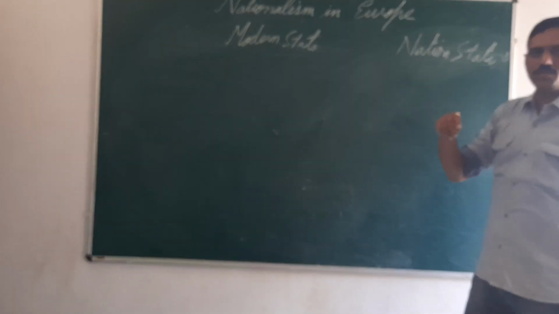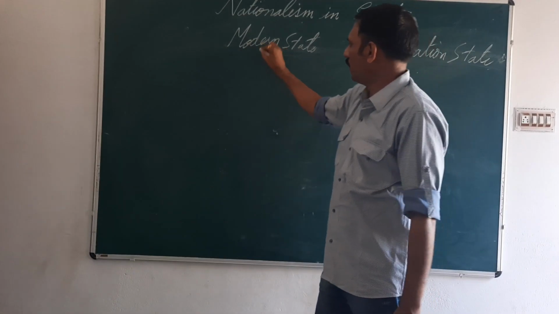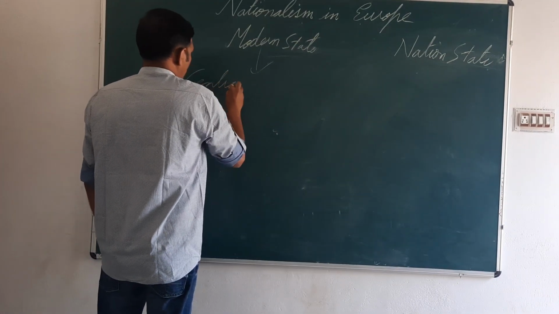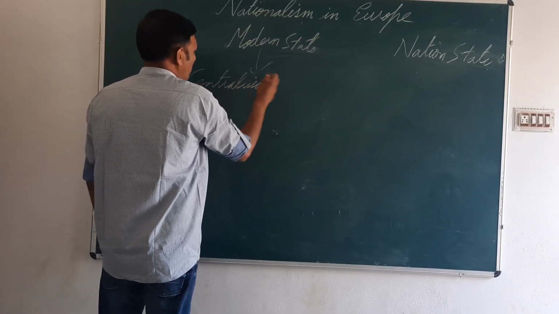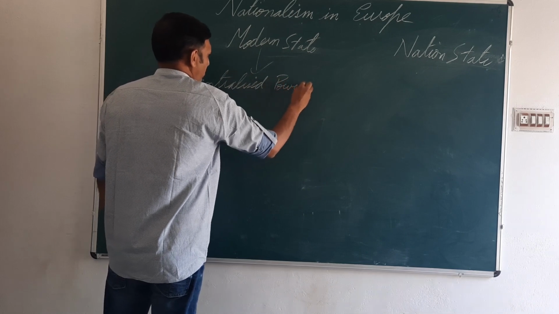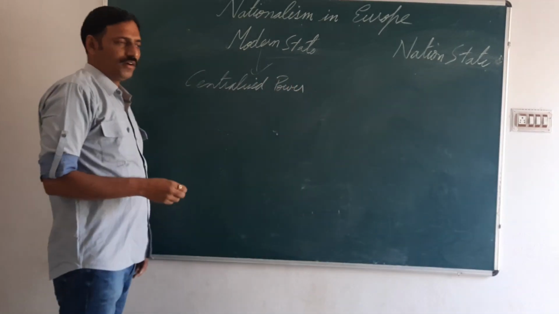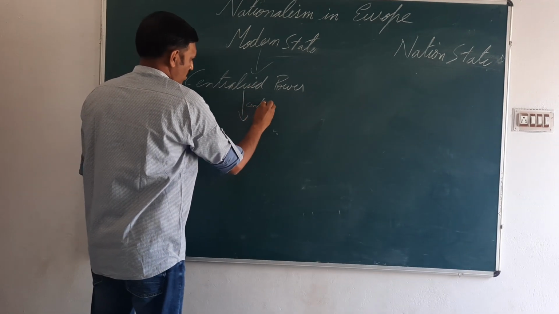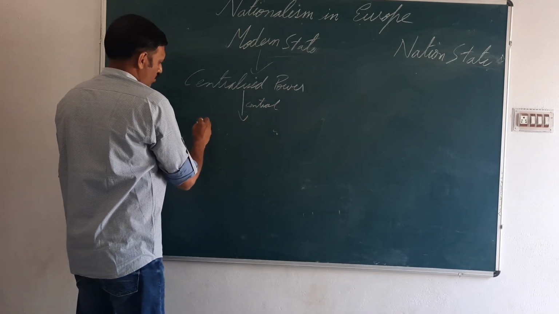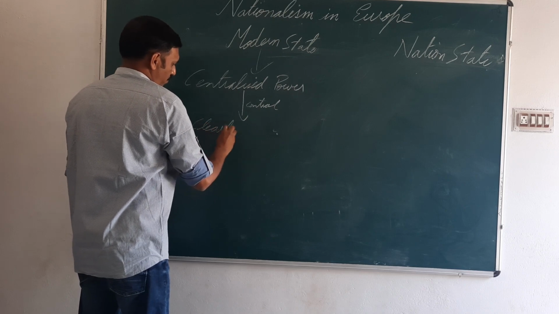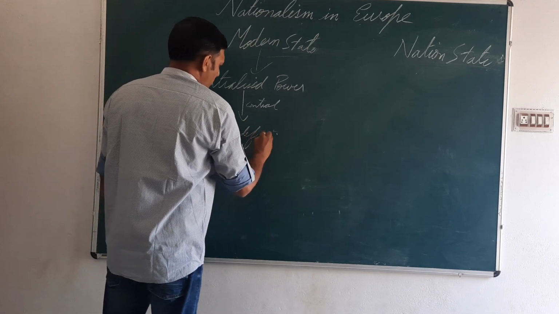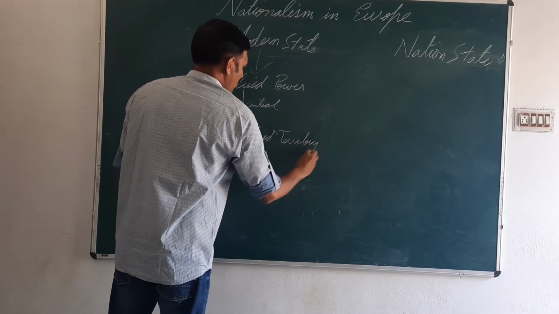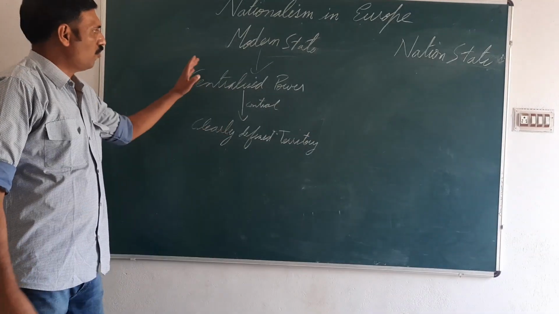On the second page of the chapter, modern state is given: a centralized power exercising sovereign control over clearly defined territory. This was the concept of modern state.